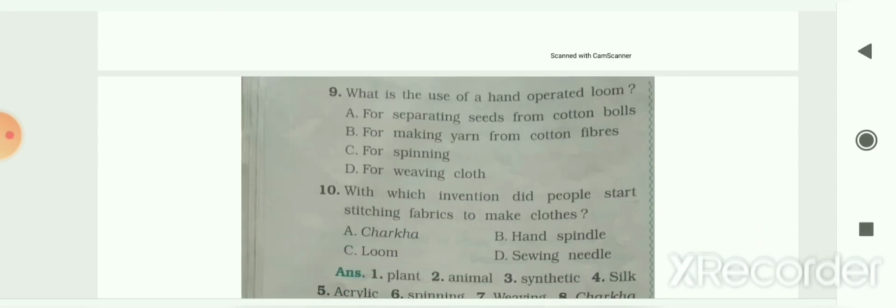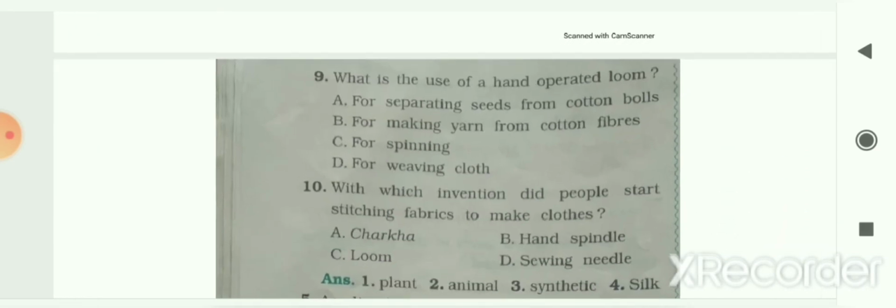The next question, number 9, what is the use of hand operated loom? The options are, A for separating seeds from cotton bolls, B for making yarn from cotton fibers, C for spinning and D for weaving cloth. So the answer is option D, for weaving cloth. Hand operated looms are used for weaving clothes.